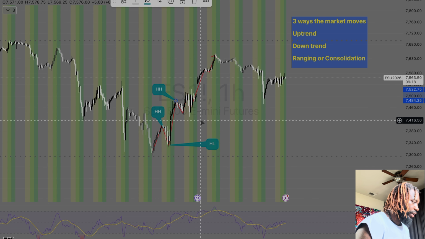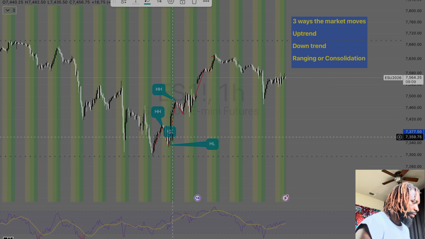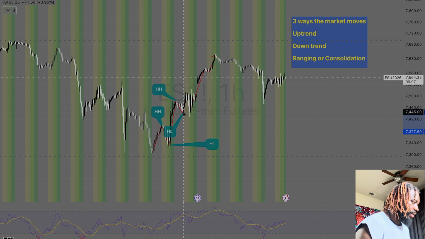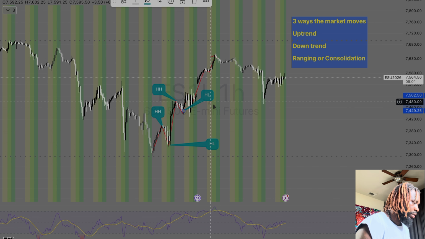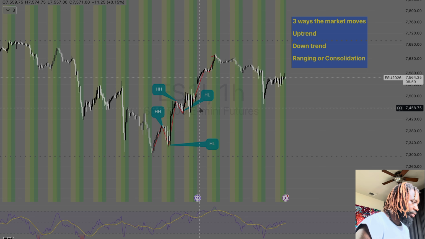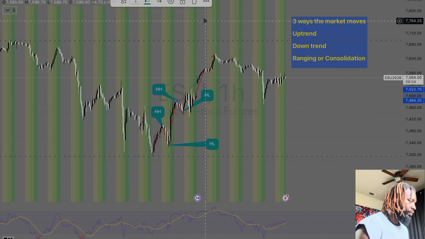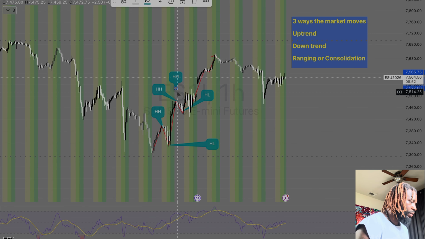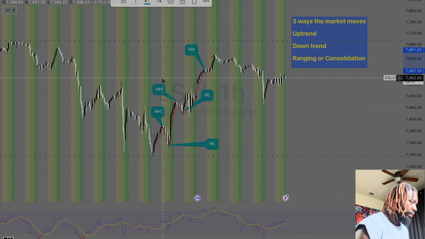Then, from the laptop it's a little easier to navigate this, from here we made a higher low, right? So I think you're starting to get the pattern, right? Another higher high.